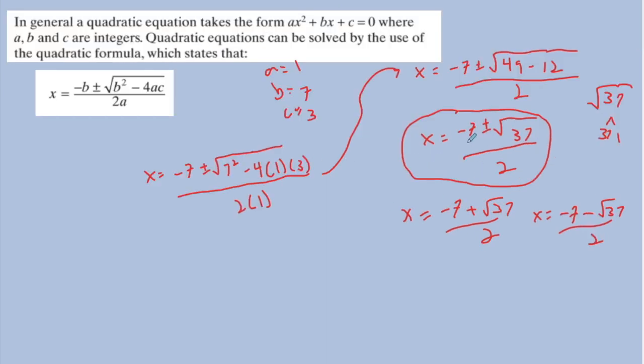However, it's possible that they might ask you to put this into 3 significant figures or into decimal places. If it did ask that, we would need to plug this into a calculator.